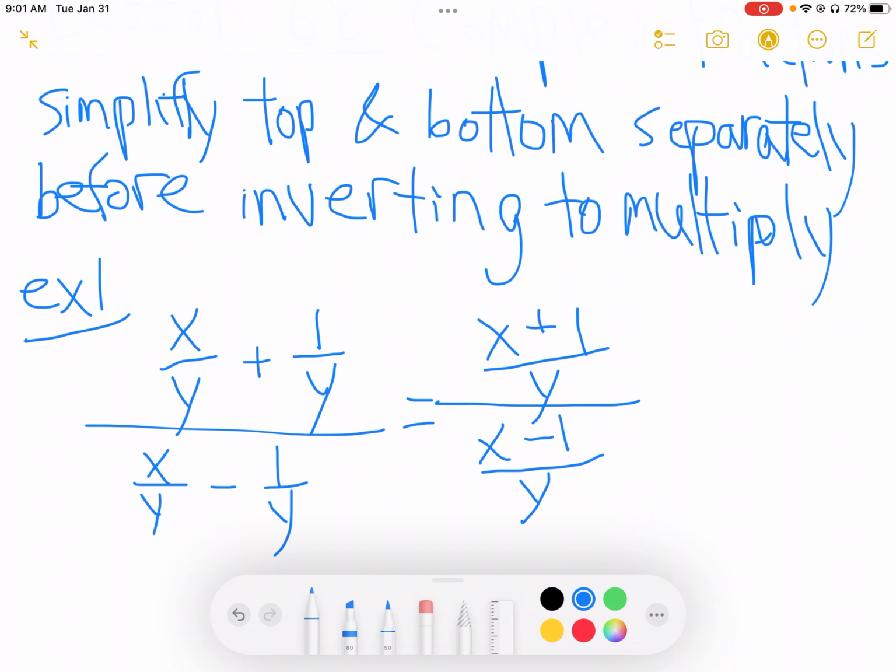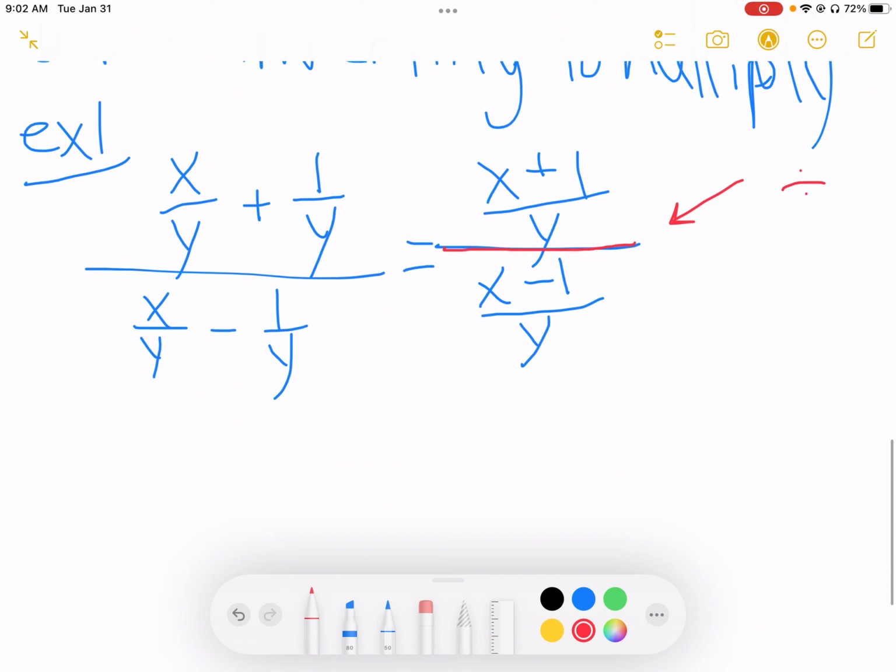One thing I've got to remember now, when I say invert to multiply, is that my denominator is separated by this fraction bar, and this fraction bar really is a division bar. When I'm dividing a fraction, that is the same as multiplying by its reciprocal.